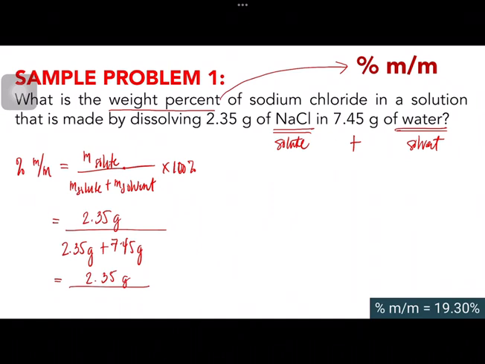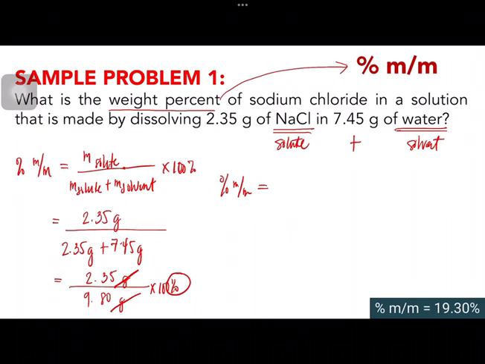So, we have 9.80 grams times 100. And since you have grams here, magka-cancel out yan. So, maiiwan dyan ay yung percent sign. So, just input in your calculator 2.35 divided by 9.80 times 100.